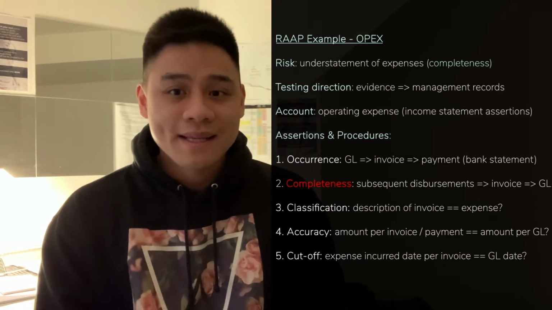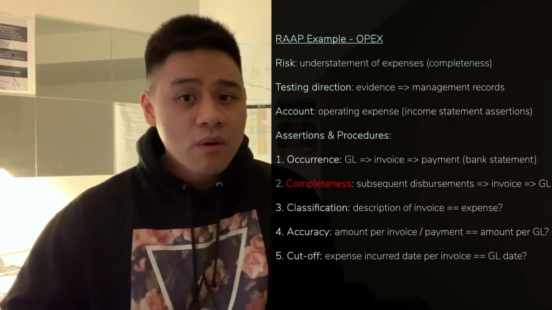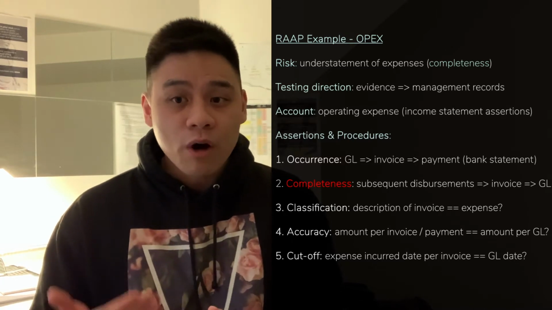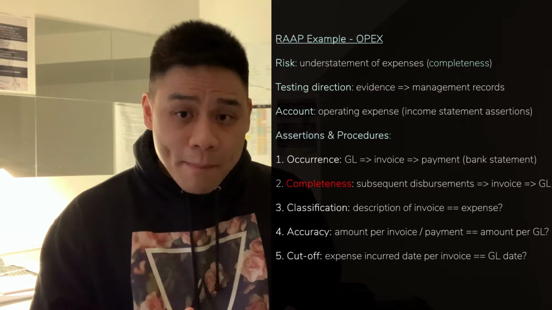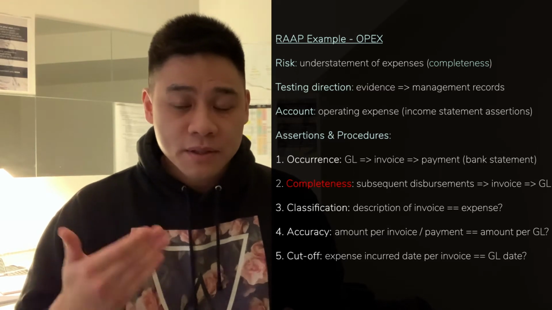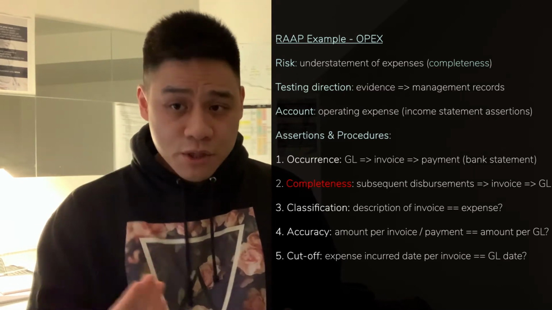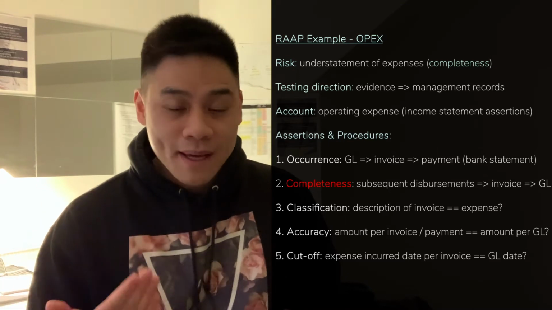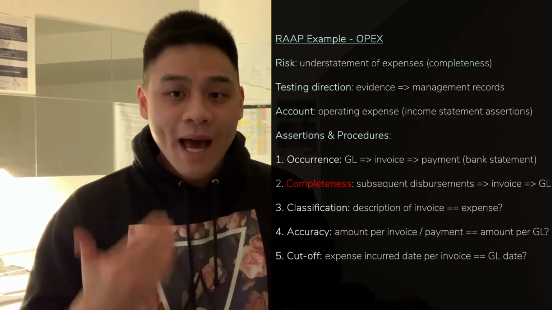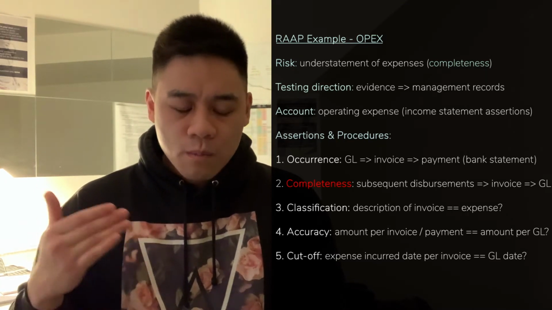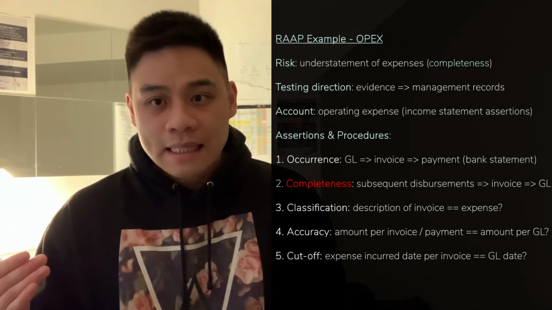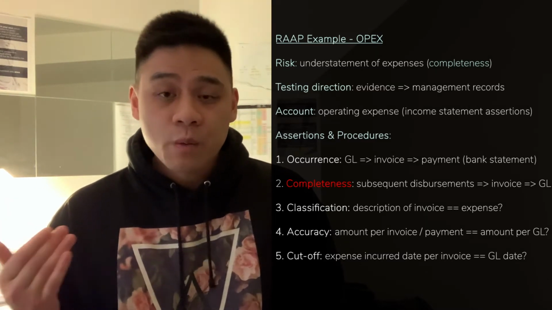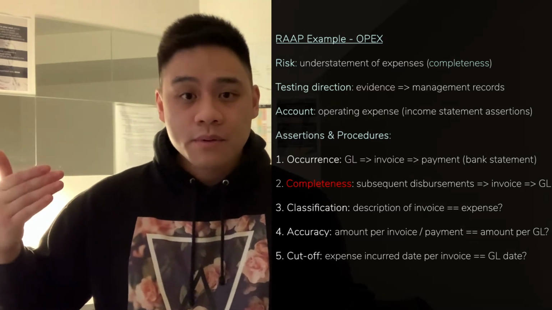So the logic behind this is because although management may understate or omit the expense on their records, regardless, the company will still need to pay out the vendor to maintain the relationship, to avoid late penalties, fees, or legal action. Hence, disbursements will most likely be complete, and that's where we select our samples from.